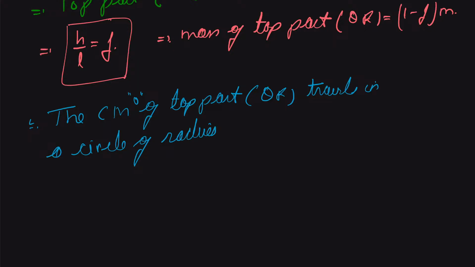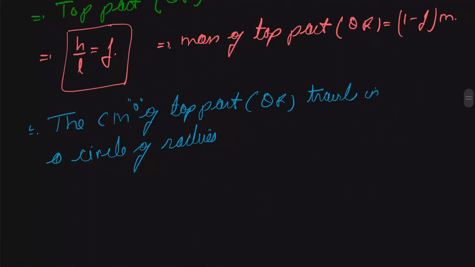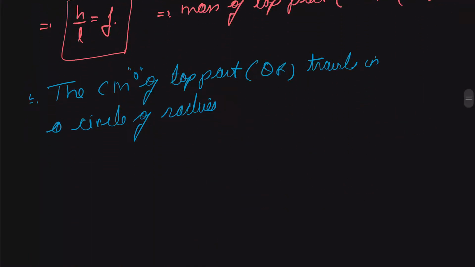Okay. And like we said, our QO will be equal to L minus H divided by 2.